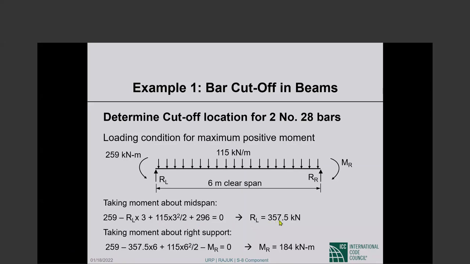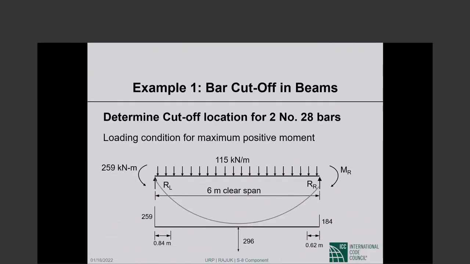out to 357.5. And by taking moment about the right support, the right hand moment comes out to 184 kilonewton meters. Okay, 184 kilonewton meters, not the value that we designed the section for.